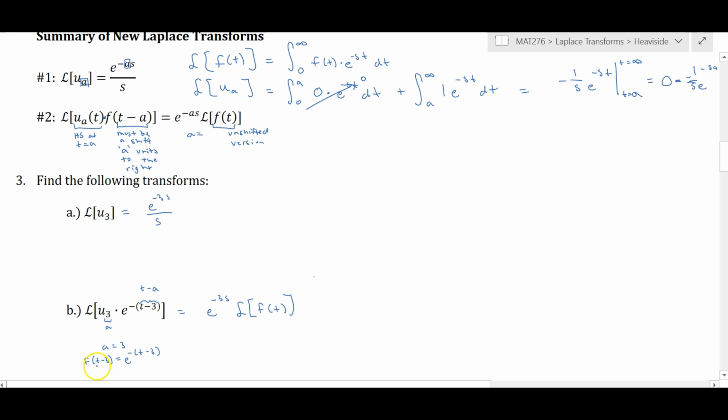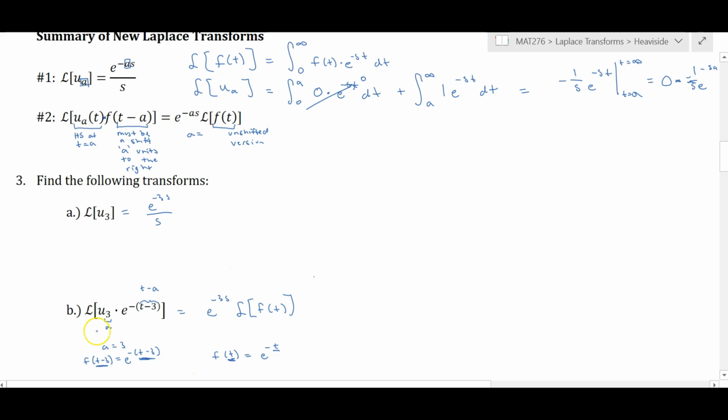So if we replace t with t minus 3 to get e to the negative quantity t minus 3, then the original unshifted function f of t is the same idea as shifting it. Now replace the t minus 3's with just t. So this should just be e to the negative t. That would be the unshifted version of the function, right?